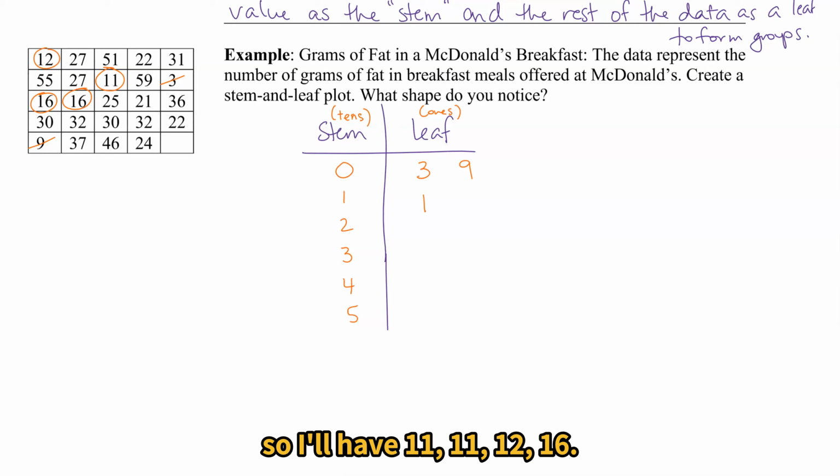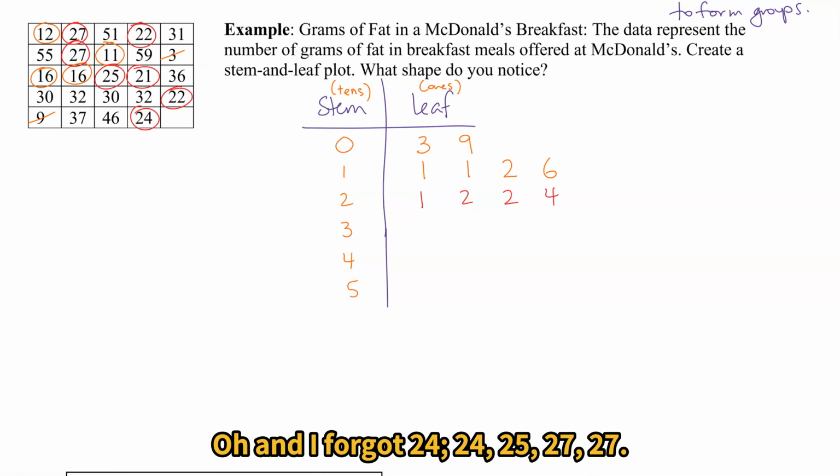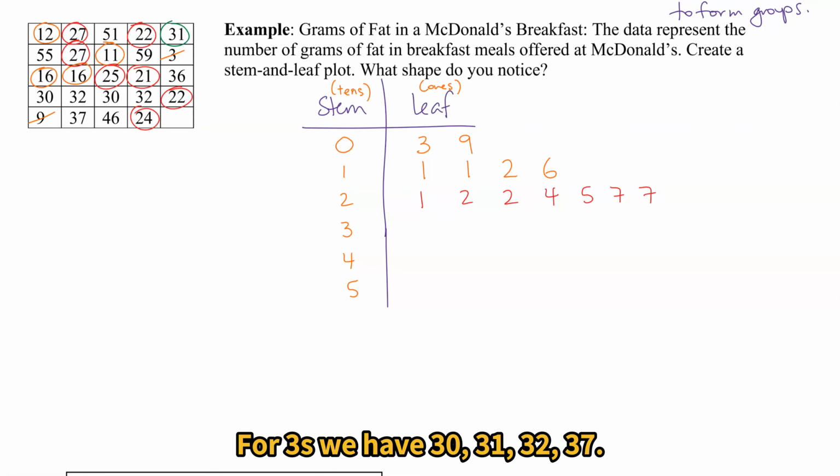So I'll have 11, 11, 12, 16. For the 2s, 27, 22, 25, 21, 22, oh I forgot 24, 24, 25, 27, 27. For 3s, we have 30, 31, 32, 37.